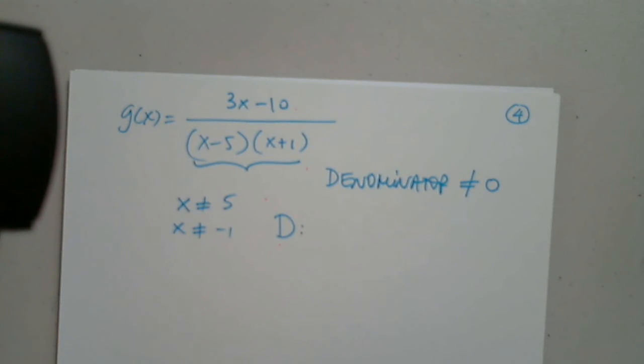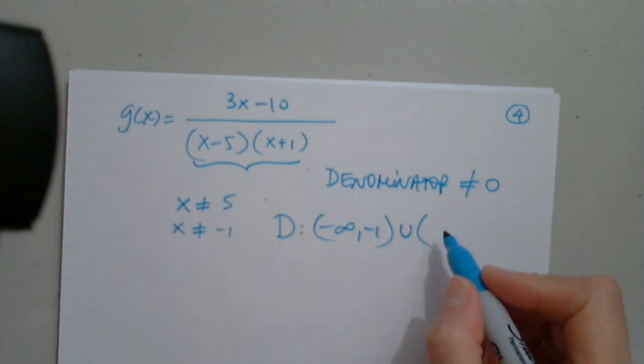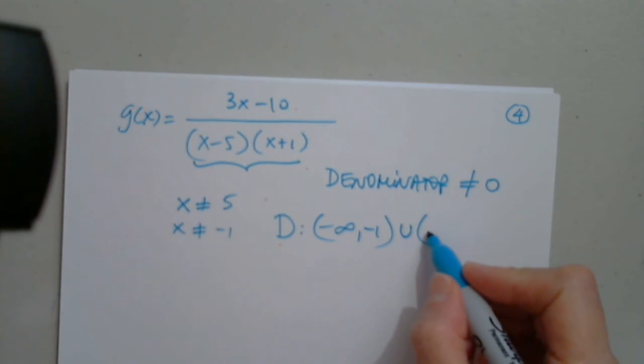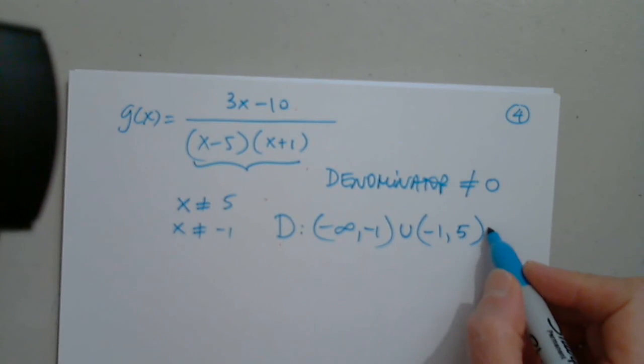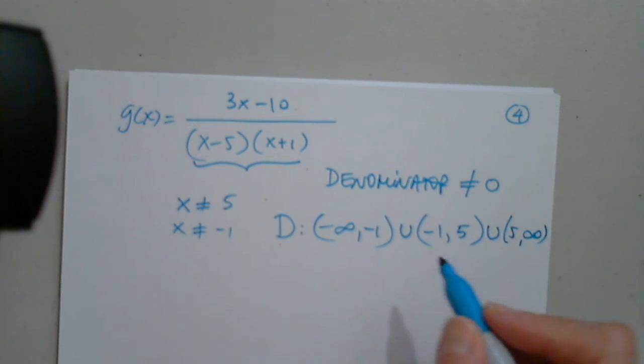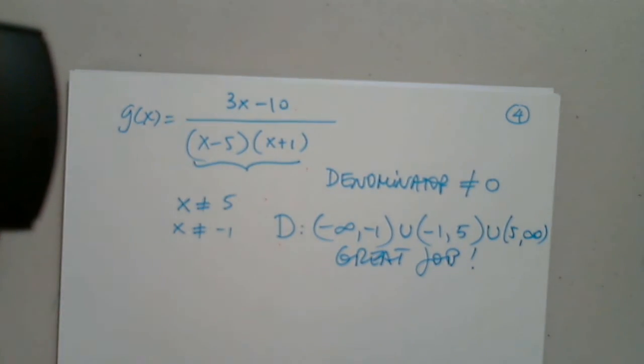It would be negative infinity to -1, and then the union -1 to 5, and then the union 5 to infinity. Great job.